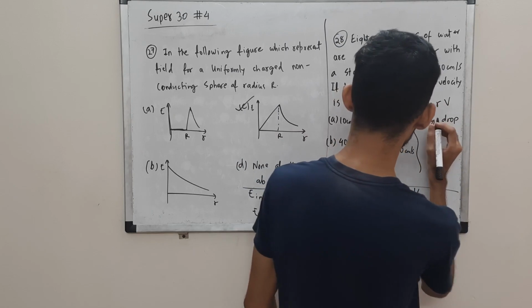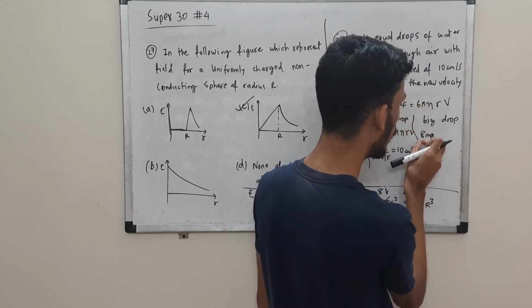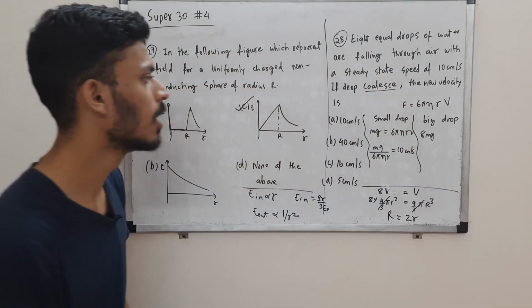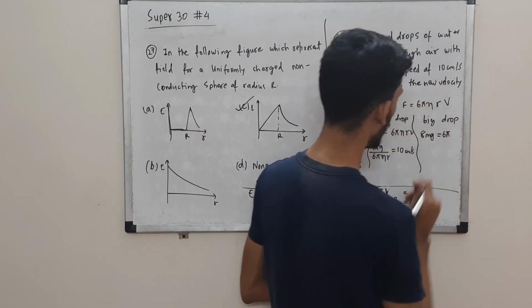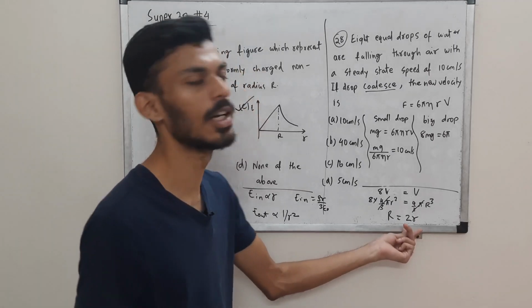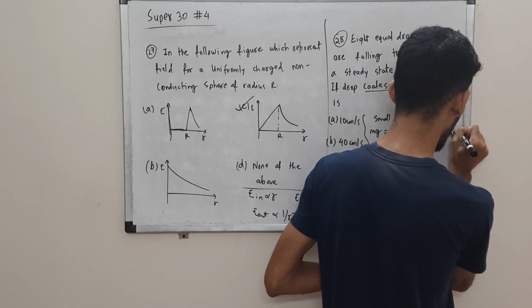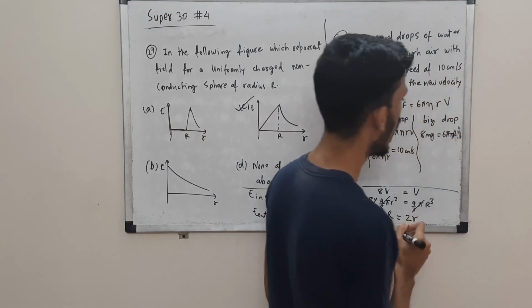The weight is 8 times mg, right? This is for a single drop, and this is for 8 small drops, so 8 times the mass will be balanced by 6 pi eta. Now the radius has also changed. The bigger drop has a different radius, of course, and we have found it to be 2 times r, or I'll write capital R for the time being, into v.